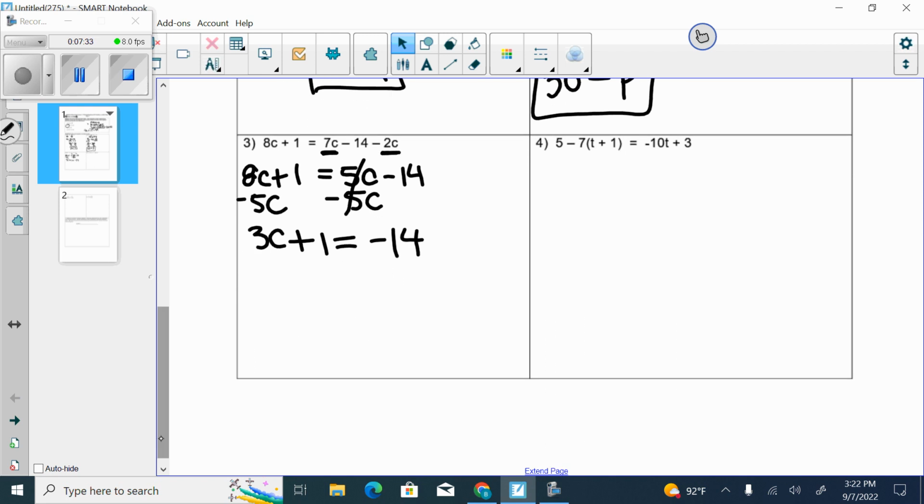What do you guys want to do next? And what is negative 14 minus 1? Very good. And my last step would be to divide by 5. Very good. So we end up with c is equal to, nice.